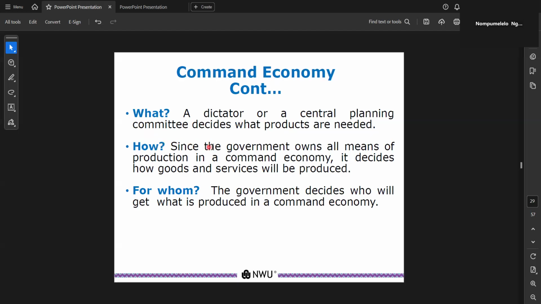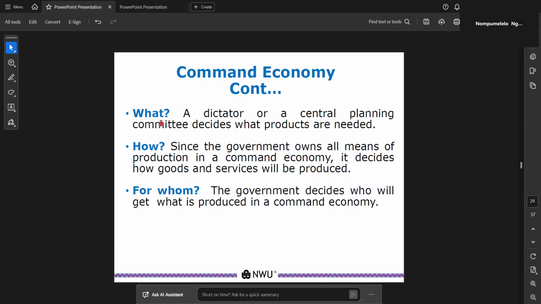How? Since the government owns all the means of production in the command economy, it decides how goods and services will be produced. So the government will decide how to produce and for whom. The government also decides who gets what is produced in the command economy.